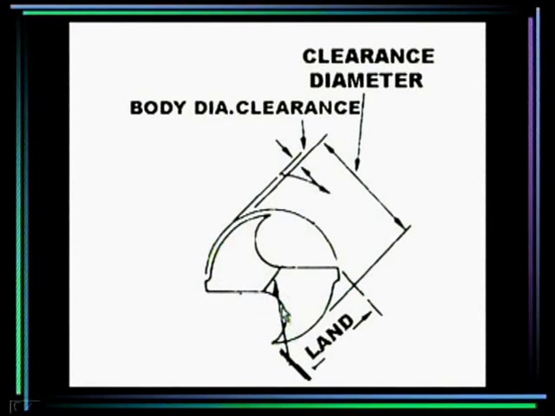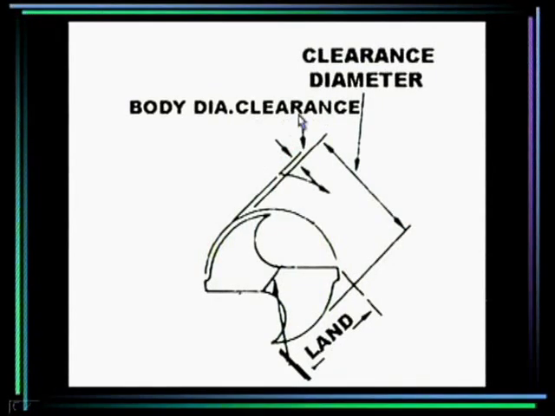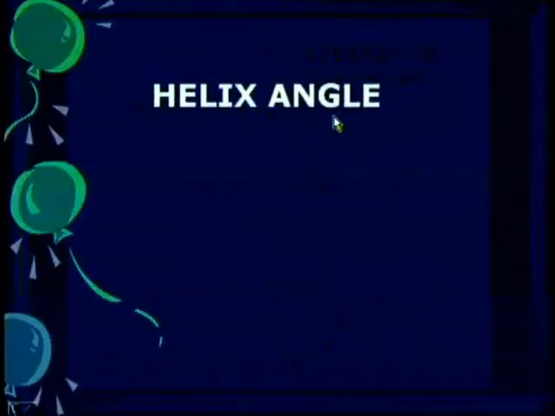This entire thing is called the lip, and the width of the lip is called the land, and the inside diameter is called the clearance diameter. This is the figure from the end view which we have seen in the actual drill bit also. So you can identify where the land is, what the body diameter clearance is, and the clearance diameter.